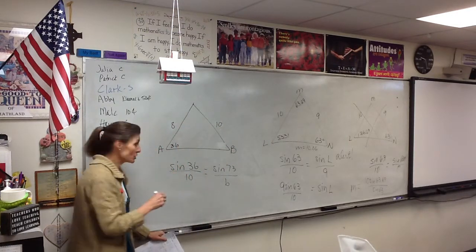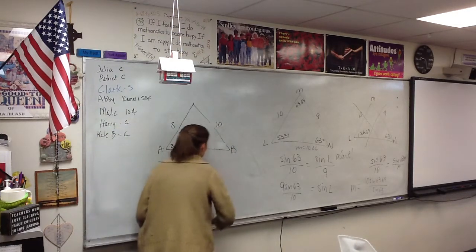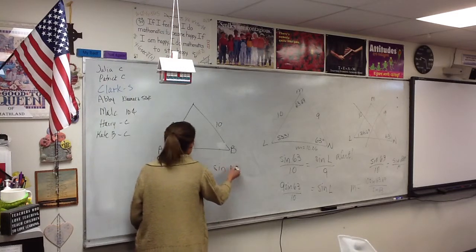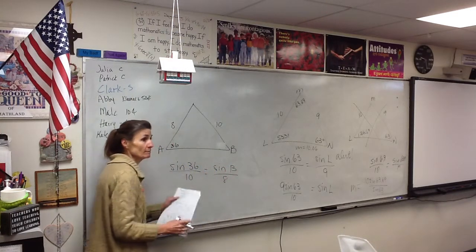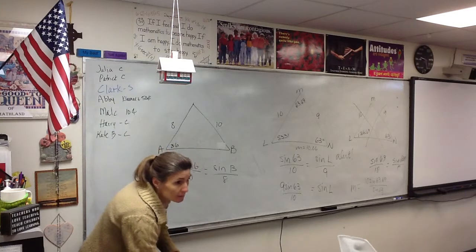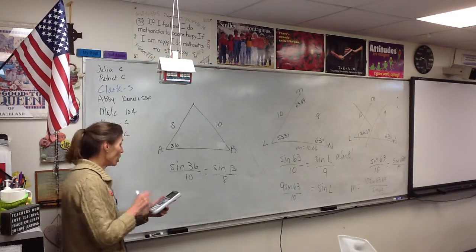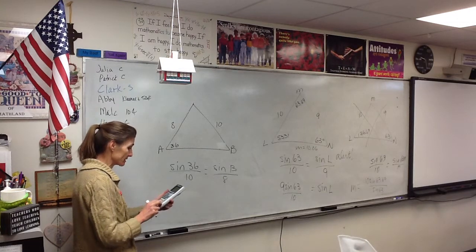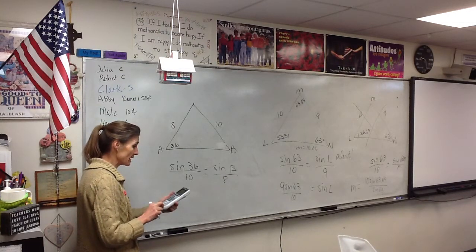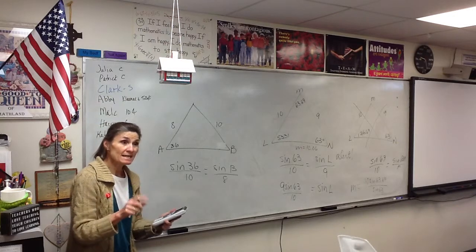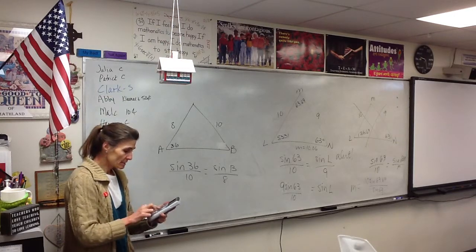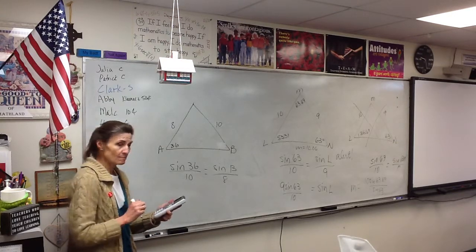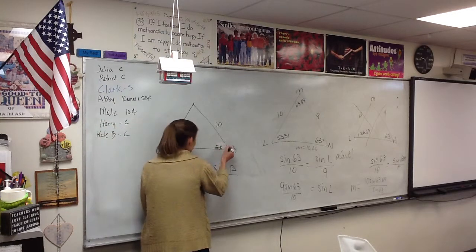This is going to give us an issue, because we're going to say sine B over 8, right? So what did you do? Hopefully you typed 8 sine 36 divided by 10, and you got a decimal. Then you took the inverse sine of that decimal and got 28 point whatever.